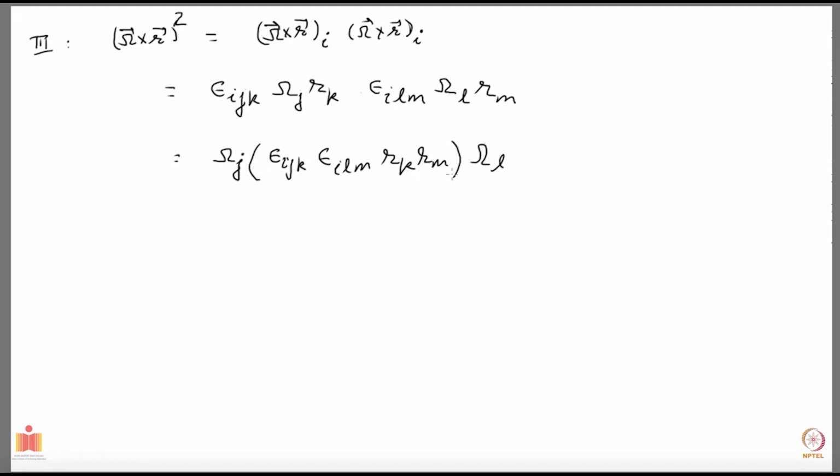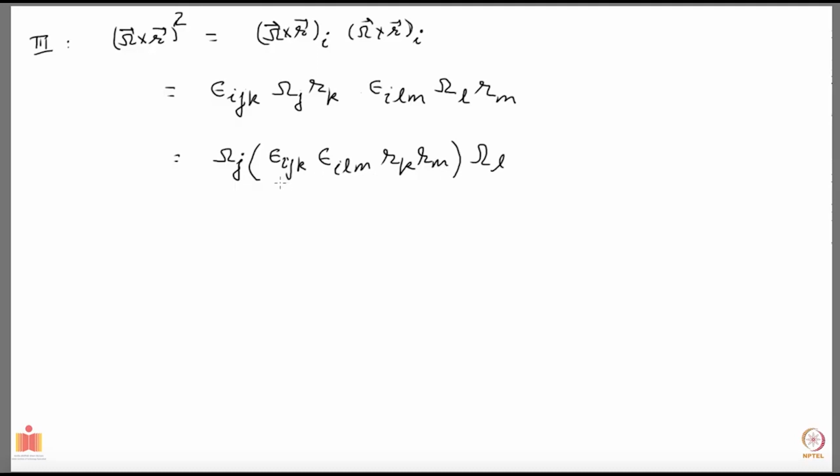I hope all is good here. Let's check. In epsilon_ijk, i is repeated so i is dummy, k is repeated so k is dummy, m is repeated so m is dummy.